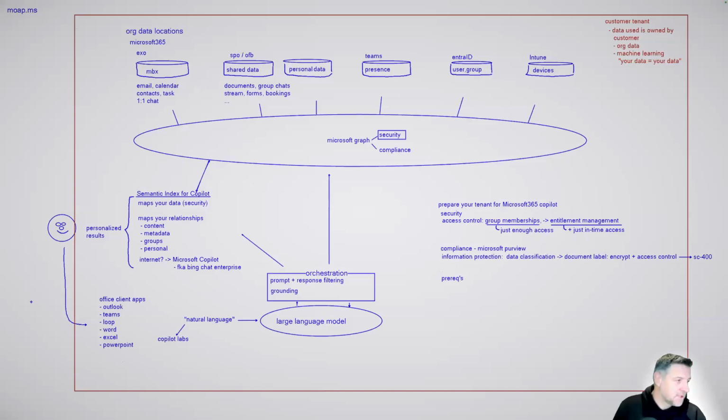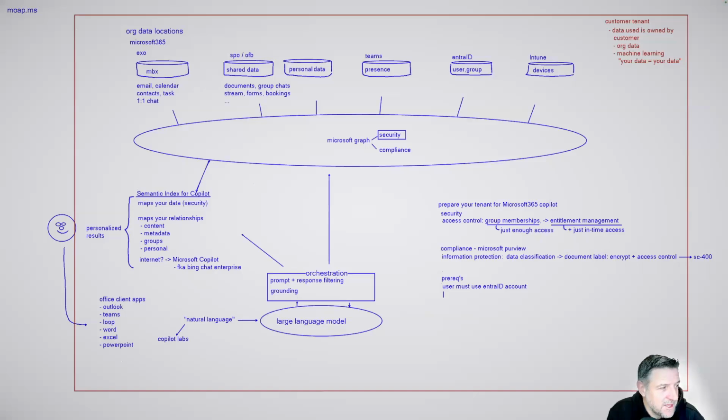Let me first go by saying that any user that wants to be using Copilot must use an Entra ID account, which means the user must sign in to Azure Active Directory to access resources. That is an important one.